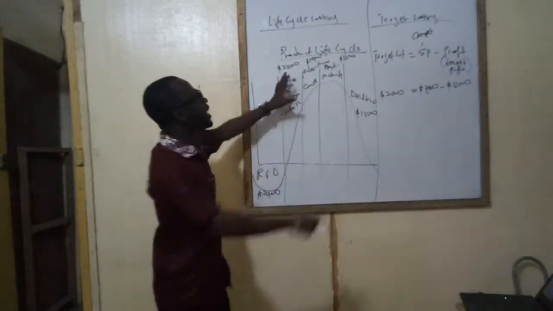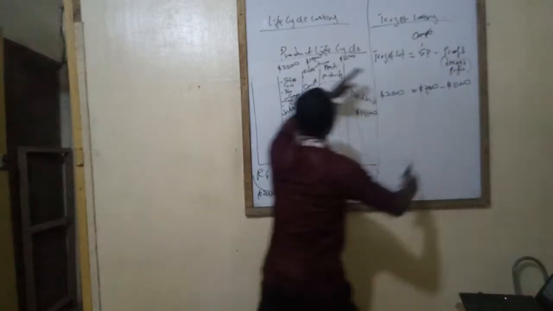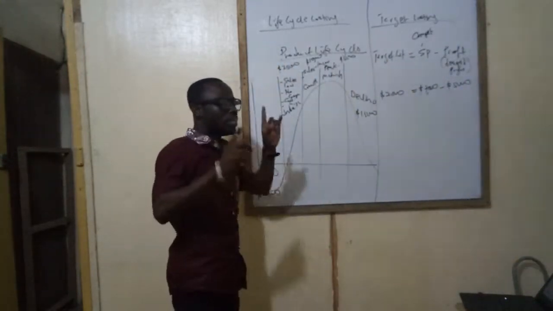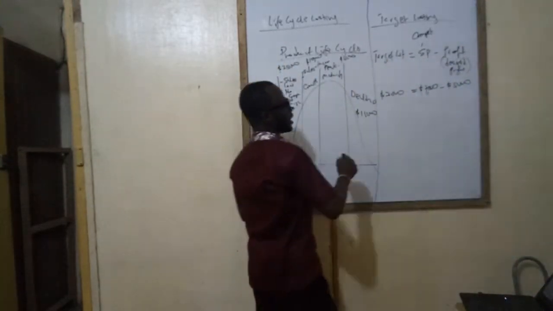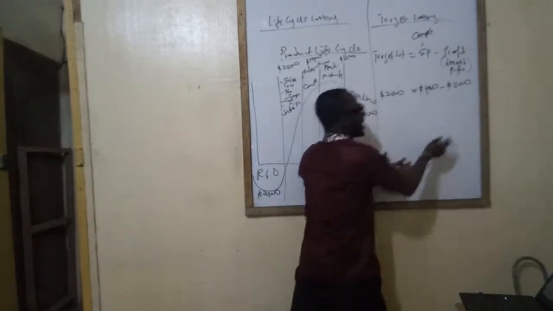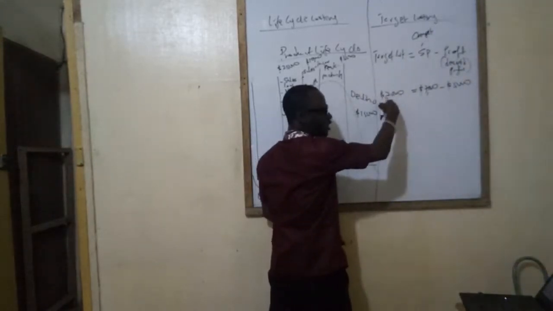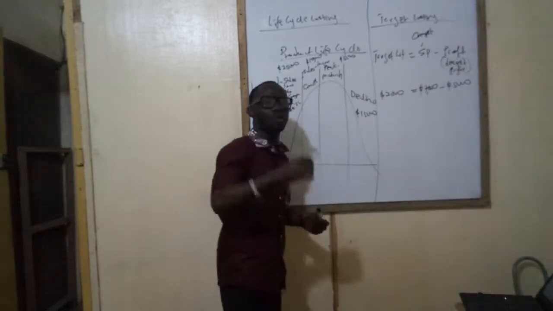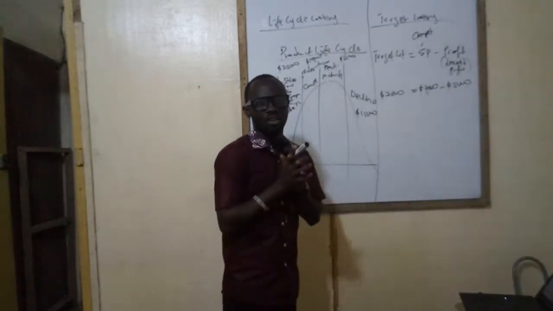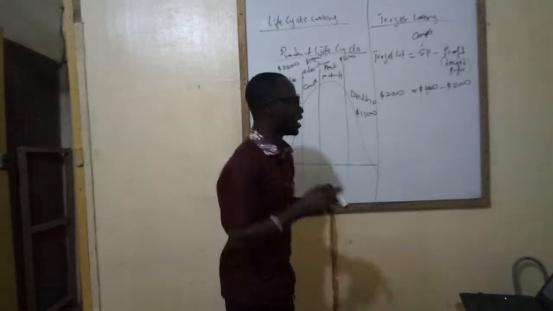Now, why the relationship between life cycle costing and target costing? The relationship is that if your life cycle cost is more than the target cost, that means that we must find ways and means to reduce the life cycle cost. Let me take that again.